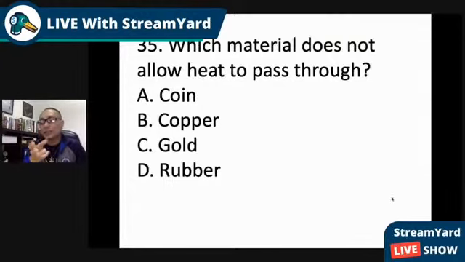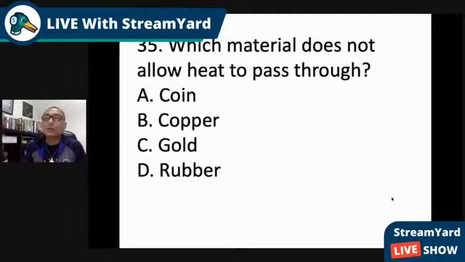If a substance is an insulator, it doesn't mean that it is an insulator 100%. It's just more of an insulator than a conductor, because all materials, at least the majority of them, can be conductors, and all materials can be insulators at one point, under one condition.